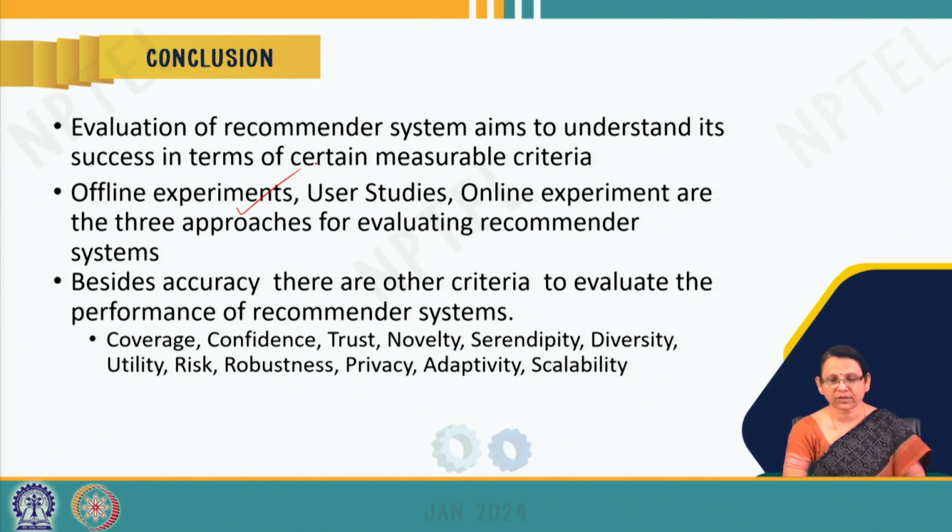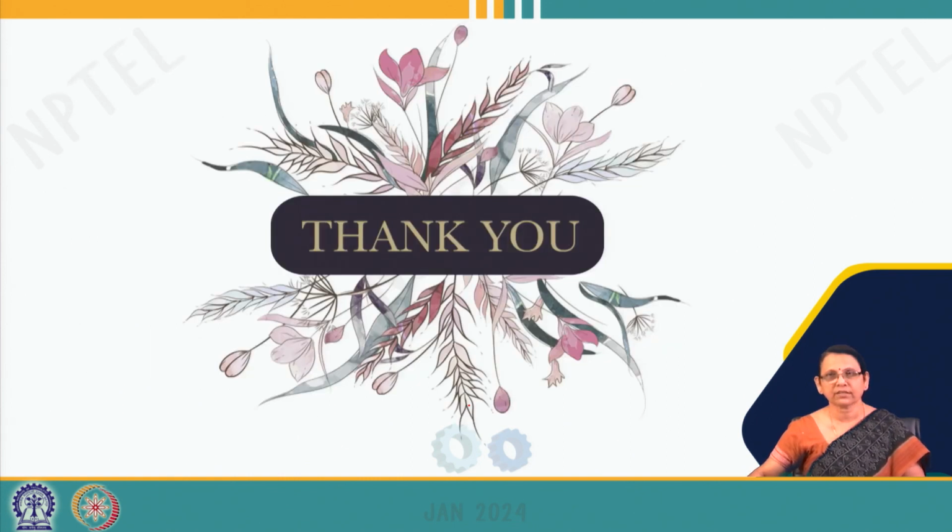Now, besides accuracy, which is a very well discussed measure for performance, there are other criteria like coverage, robustness, novelty, serendipity, etc. Those things should be taken care of while doing evaluation. With this, we conclude this lecture. Thank you.